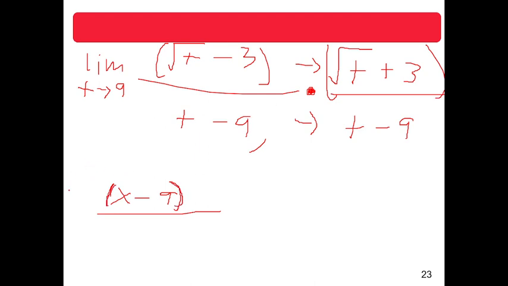So how about your denominator? You could have t minus 9 multiplied by square root of t plus 3. I'm sorry, that should be t.